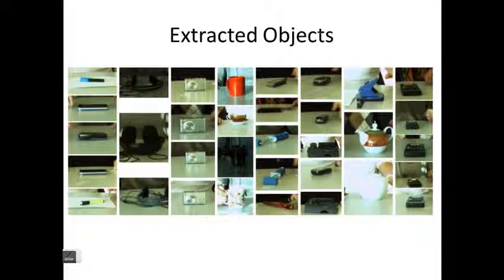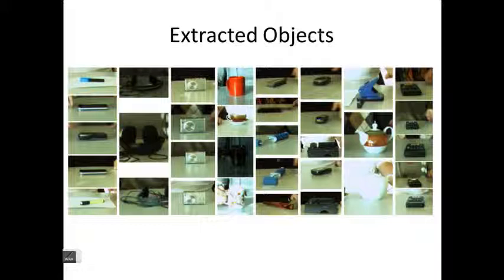So here are some of the extracted objects that you get out of the masking procedure. What's interesting here is that the appearance of many of these objects, even within a given class, is quite different, but they're still able to categorize them correctly. So here the columns all correspond to assignments to the same object class.